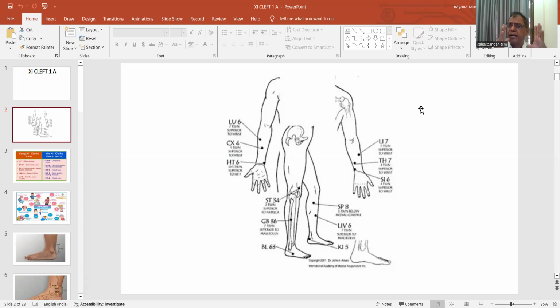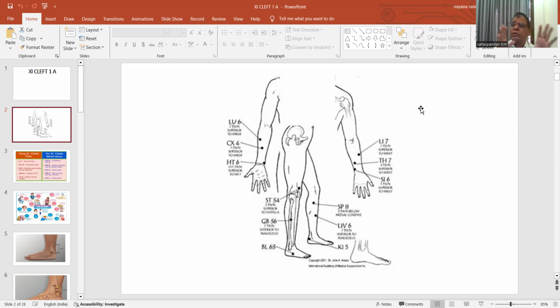In the foot yin meridians, the spleen has SP8, the liver has liver 6, and the kidney has kidney 5. So these are the 12 Xi-cleft points.